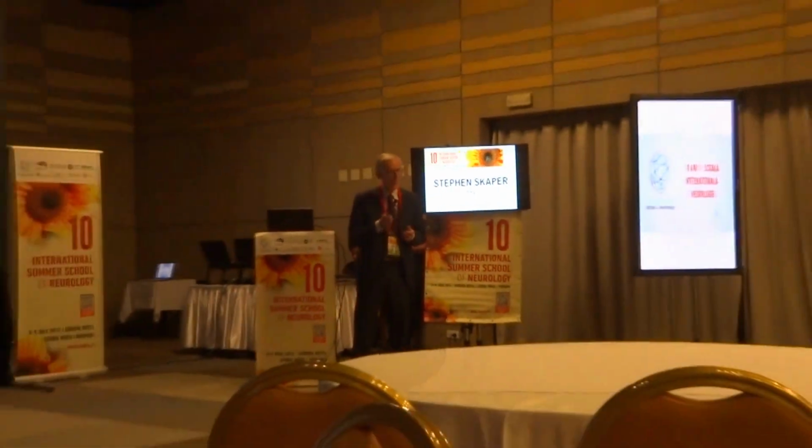Now, if you look at elderly people that have a cognitive deficit and experience an inflammatory episode, influenza or delirium, oftentimes their cognitive deficit will worsen after that inflammatory episode.